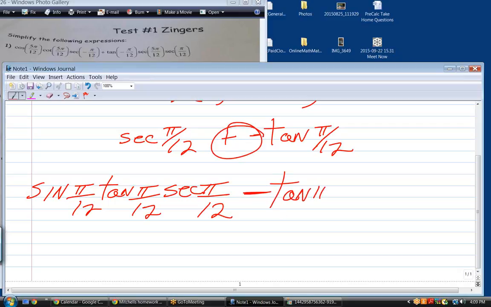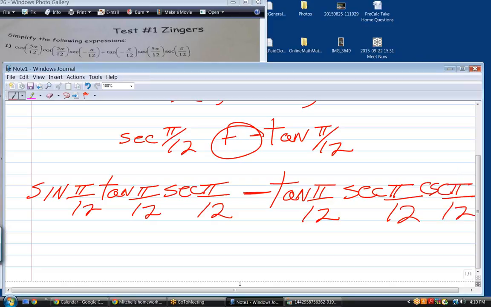Tangent pi over 12. And what's that? Already secant pi over 12. So first goal accomplished. I got the same angle. You're missing cosecant pi over 12. You're right, I am. I bet I did that wrong in the previous problem. We'll find out when we get to the answer. I got it right now?